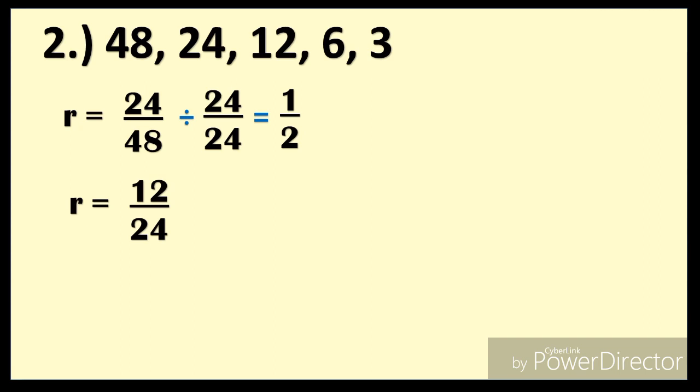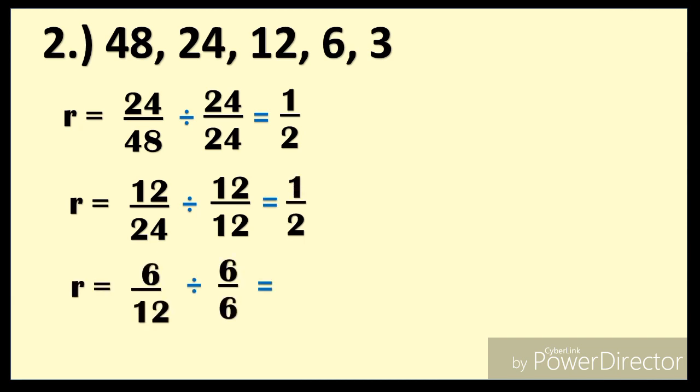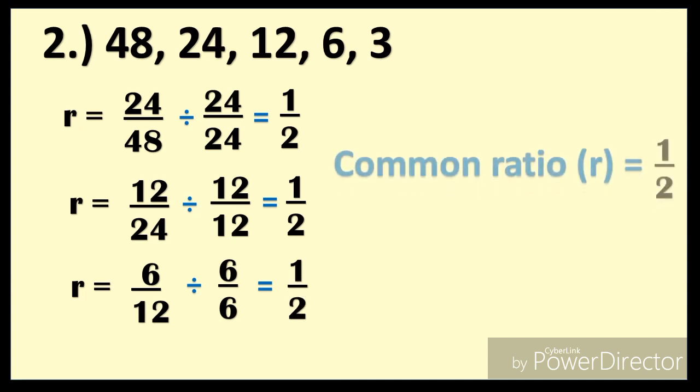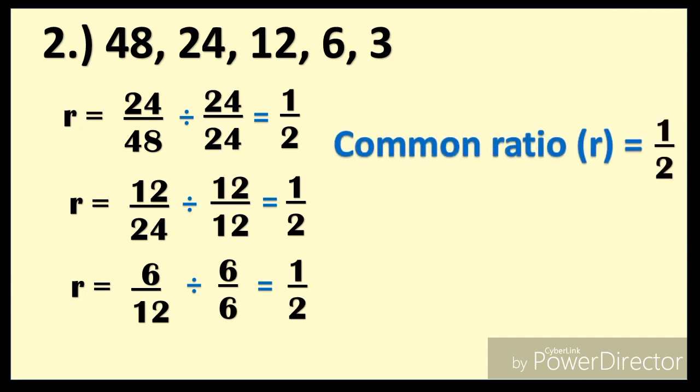Again, we simplify by dividing both by 12, so the answer is 1 over 2. Then 6 over 12, divide both by 6, so we have 1/2. The same with 3 over 6 equals 1/2. So the common ratio is 1/2.